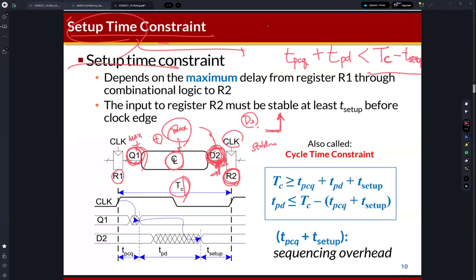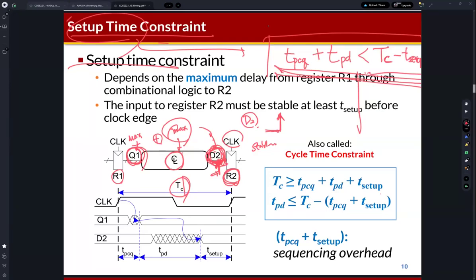So in order to meet the setup time constraint, the timing property of this circuit needs to meet this condition. Do you understand? If we just rewrite this equation, we can rewrite it like this.